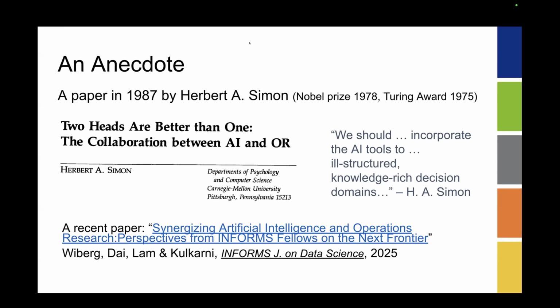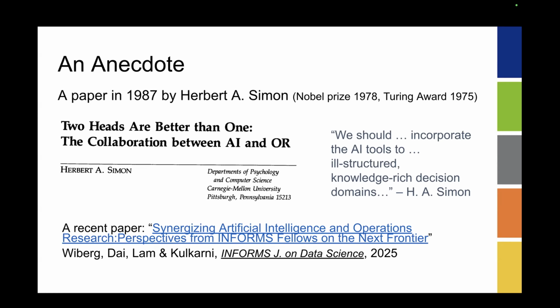The main message in this article by Herbert Simon, the first person who won both a Nobel Prize and a Turing Award, is that OR is solving very structured problems. You have objectives, you have constraints.